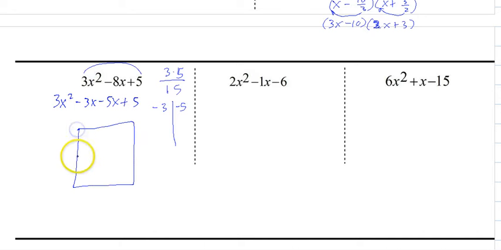You can use grouping, or you can use the trick method, but I'm going to stick with the box method. And factor. So they have a 3x. They have a 5. There's an x. And a 1 because they have nothing in common. Remember the minus minus and the plus? That means it's minus minus. And if we check it, there it is.